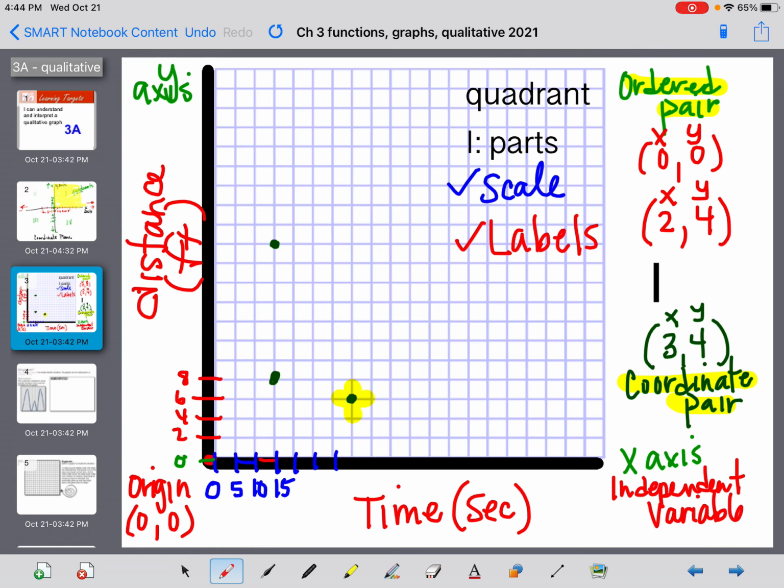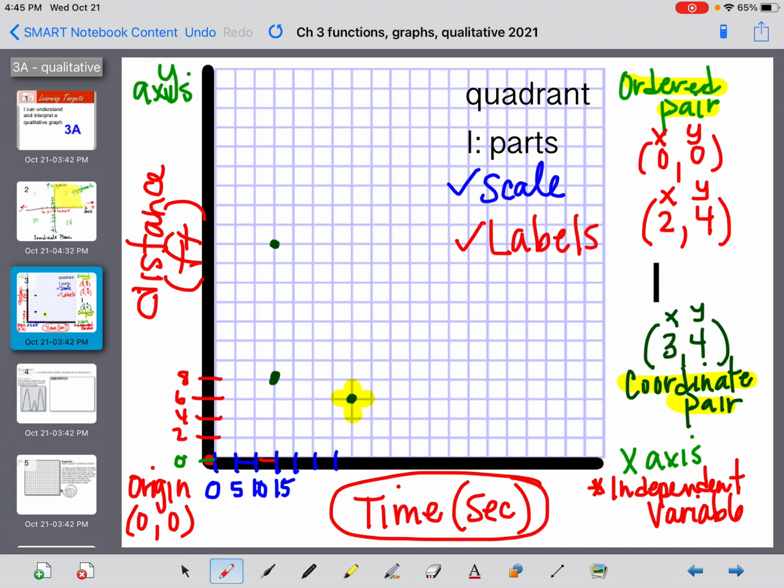And 99.9% of the time, if I have some sort of time measurement, like months, years, days, hours, seconds, anything like that, it's going to be graphed on my x-axis. And the reason why is time is very, very, very independent. We don't have control over the time that is going by.